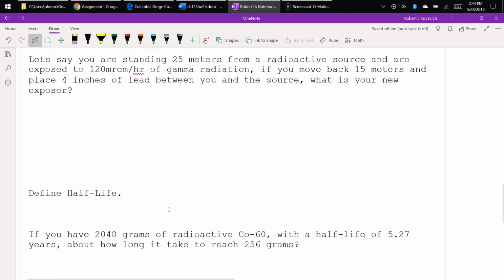All right, so standing 25 meters away from a source, I'm exposed to 129 mAh gamma. If you move back 15 feet, place 4 inches of lead, what's your new exposure? Okay, so it's intensity, I'll just put X, and intensity Y, and then radiation, oh wait, distance, sorry.